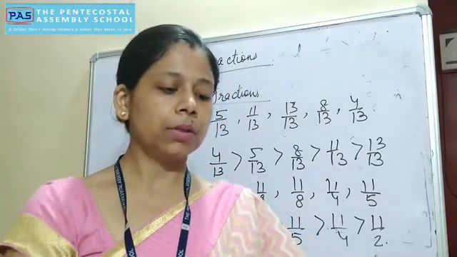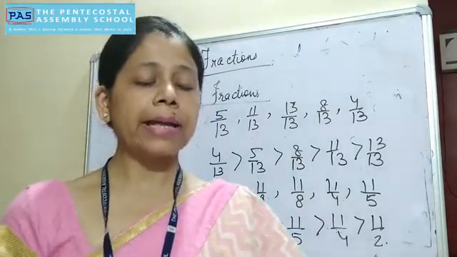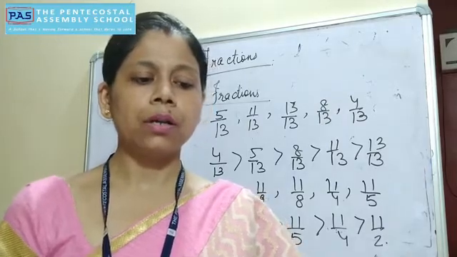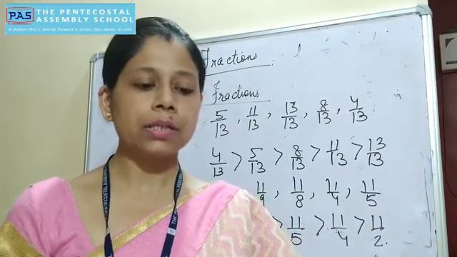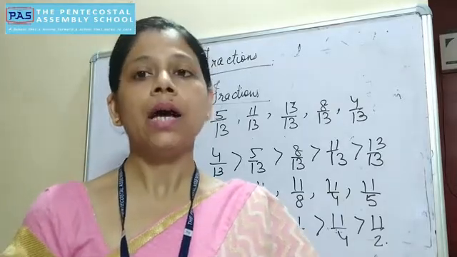Now from the fractions only, come to page number 25. Activity 19. The first question. I don't think I have discussed this: how to read the fraction. So if it is 5/8, how will you write that?